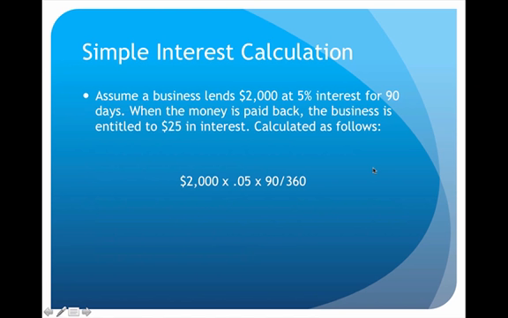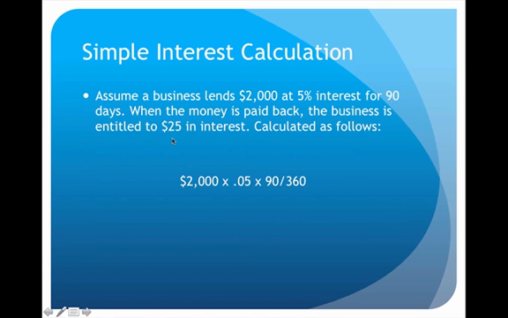We're going to charge them 5% interest. And this is for a time span of 90 days. So at the end of 90 days, they not only owe us $2,000, they owe us more than that. They owe us the $2,000 plus interest. So the question is, how much? Well, they actually owe us $25 in interest.